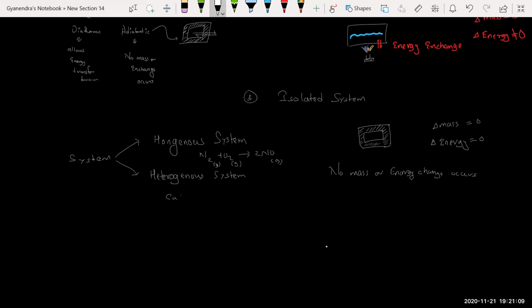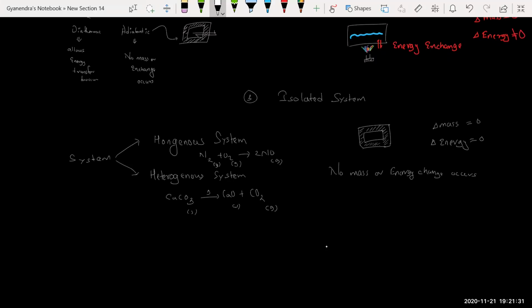On the other hand, if you see a reaction like CaCO3 gives you CaO, calcium oxide, plus CO2. In this process, you're getting two solids and one gas. So different substances have different nature, and the states are also completely different among them. Such a system is what we call a heterogeneous system.